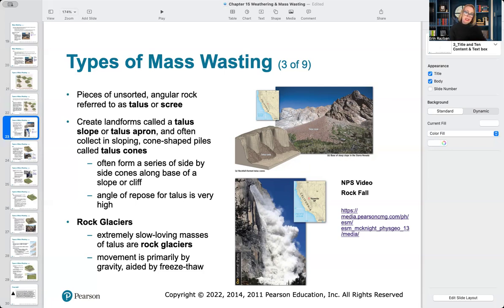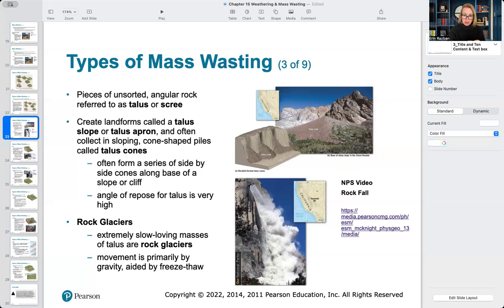Now, interestingly, rock falls appear to be becoming more commonplace in certain mountain areas as the climate warms. Scientists believe this increase is associated with the greater melting of ice deep within talus cones and mountain rock fractures.